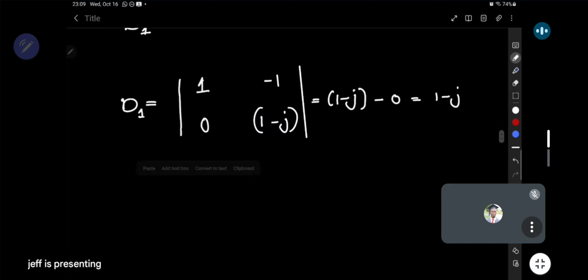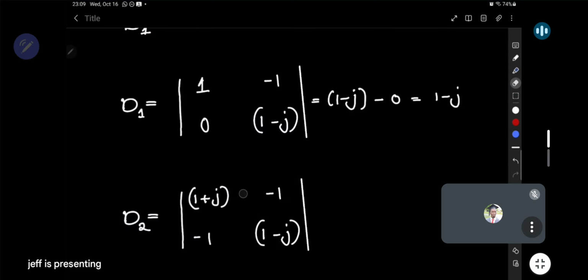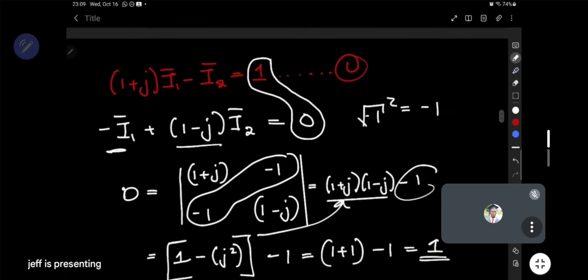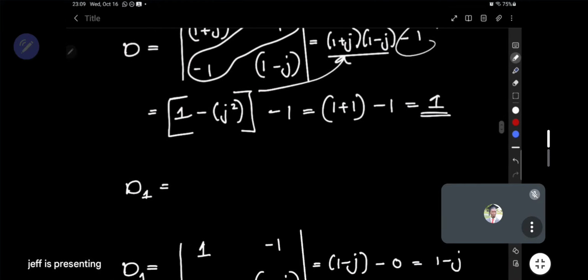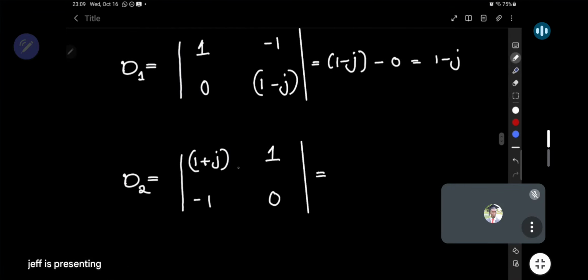In the same way, to get d2, similar, but now it's this column that we'll swap. And we'll swap it with 1 and 0. Was it 1 and 0? Yes, it was. When you try to get the determinant this time, this is the one that will give us a 0.